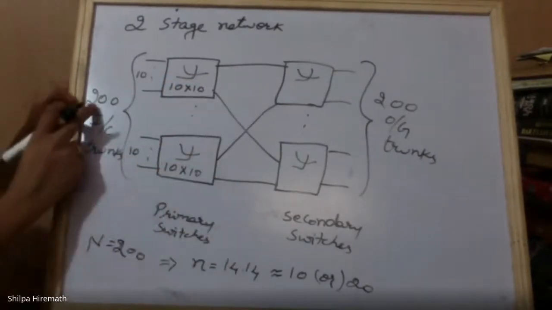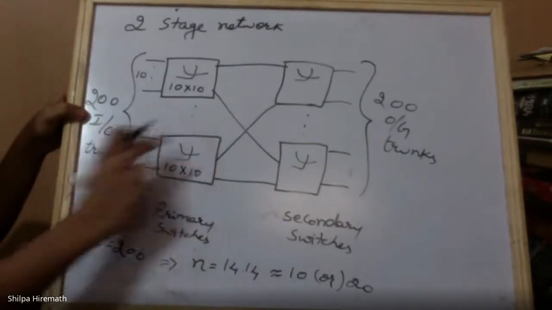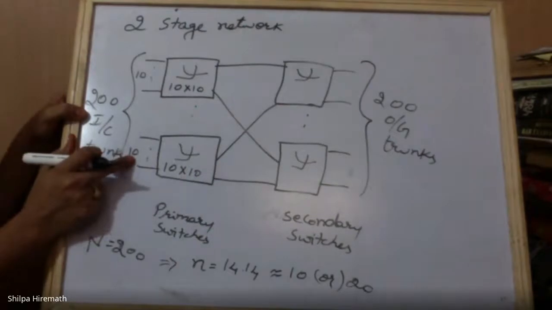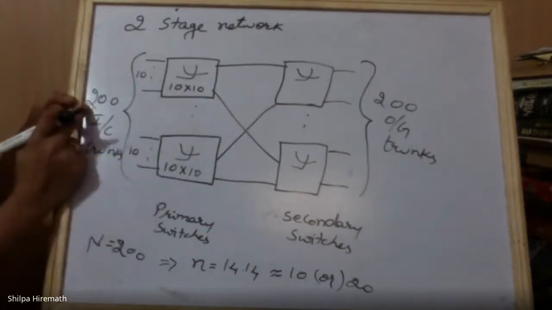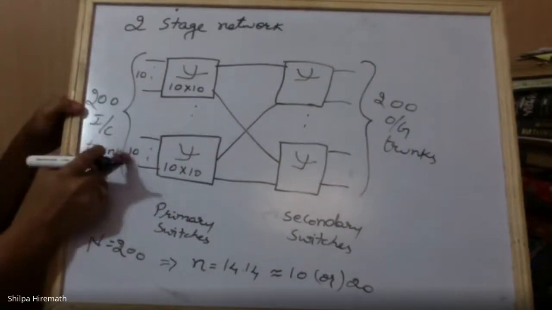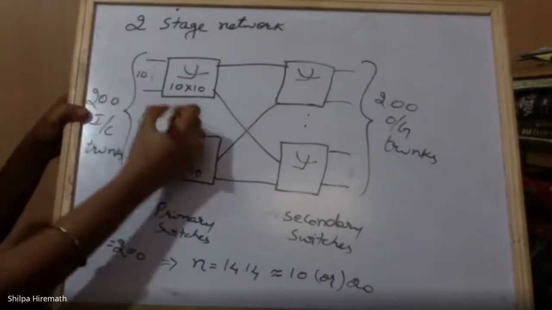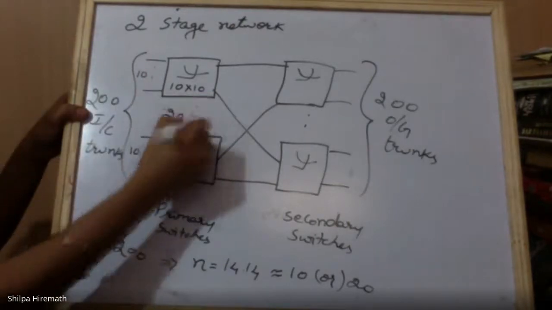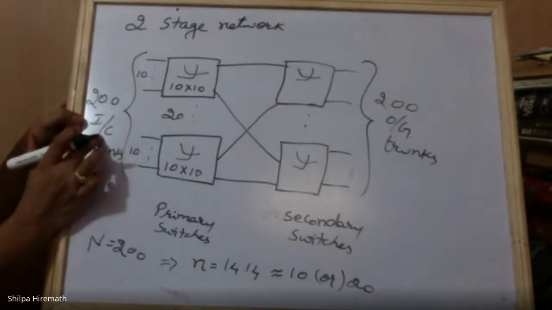To make 200 incoming, I have total number of inlets for this primary equal to 10. So how many such primary switches do I need to make 200? 10 into what factor will make 200? It is nothing but 20. So 20 such primary switches are required to make 200 incoming trunks.